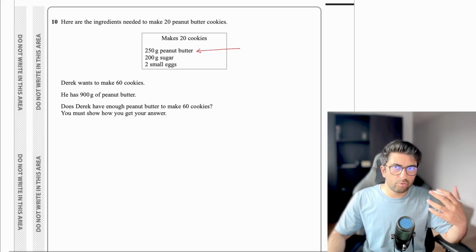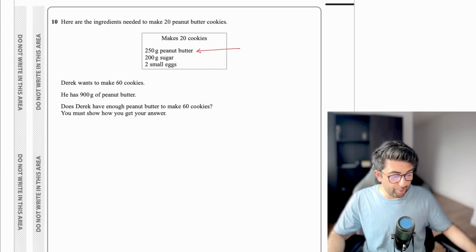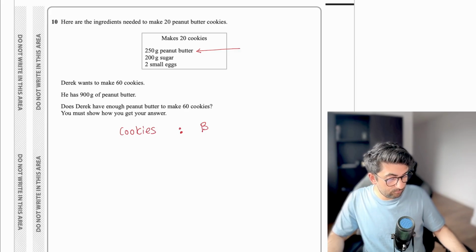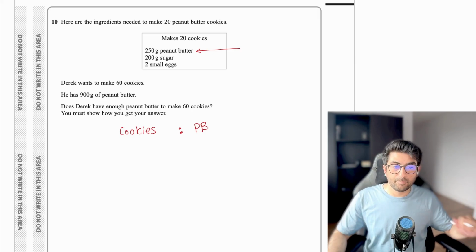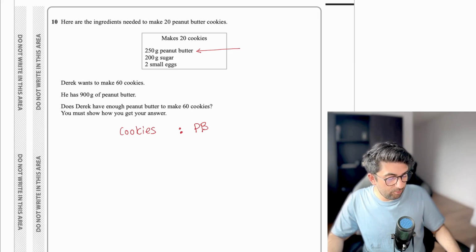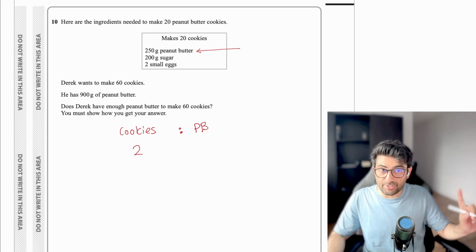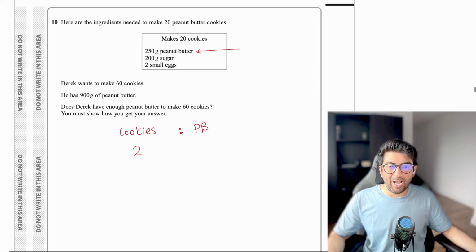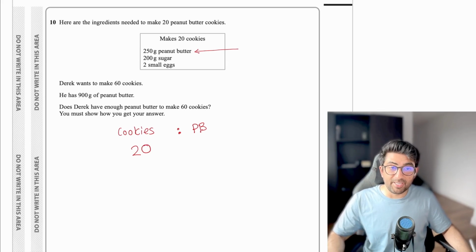So let's write a ratio of cookies to peanut butter. Okay, so cookies to peanut butter. So if he wants to make 20 cookies, as it says in our recipe, the ingredients list, how much peanut butter does he actually require?